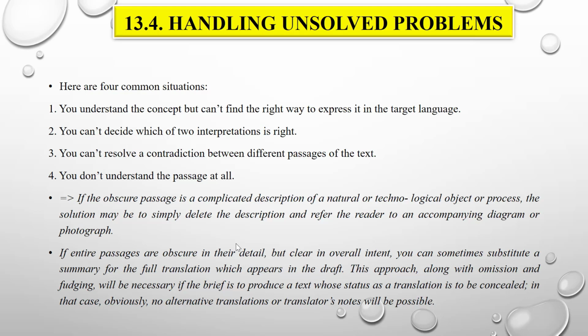The second situation can be like this: you cannot decide which of the 2 interpretations is right. First, that is, write something which has both meanings. This can often be accomplished through an ambiguous syntactic structure. A certain word order or punctuation device will allow the sentence to bear both meanings.